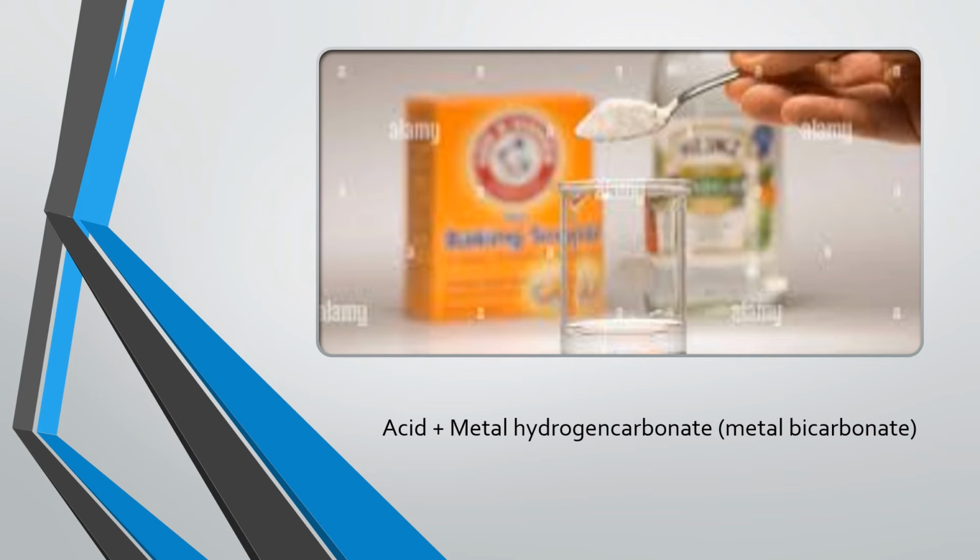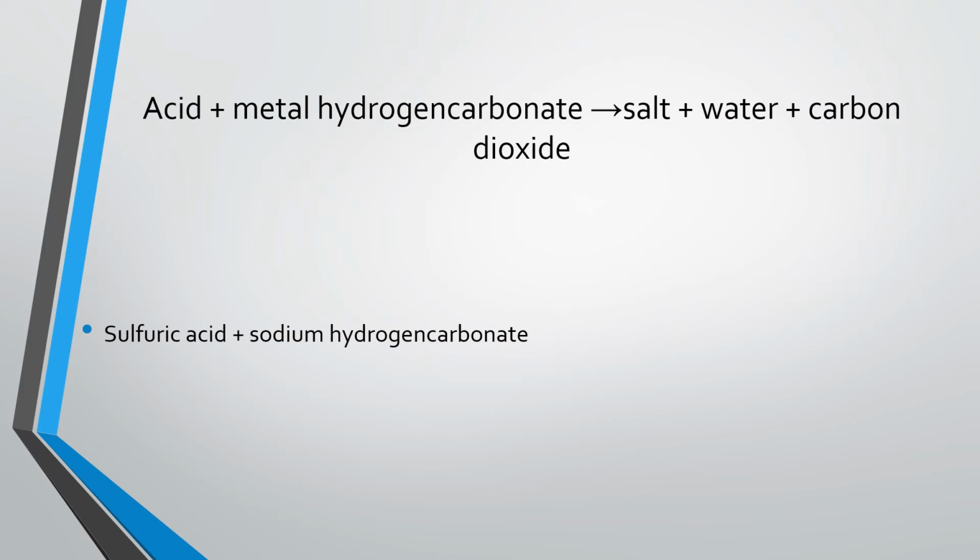Now let's look at acid and metal hydrogen carbonates or metal bicarbonate. Once again, the metal hydrogen carbonate is a base, so it's a type of neutralization reaction. Acid plus metal hydrogen carbonate gives salt plus water plus CO2. So let's try this one.